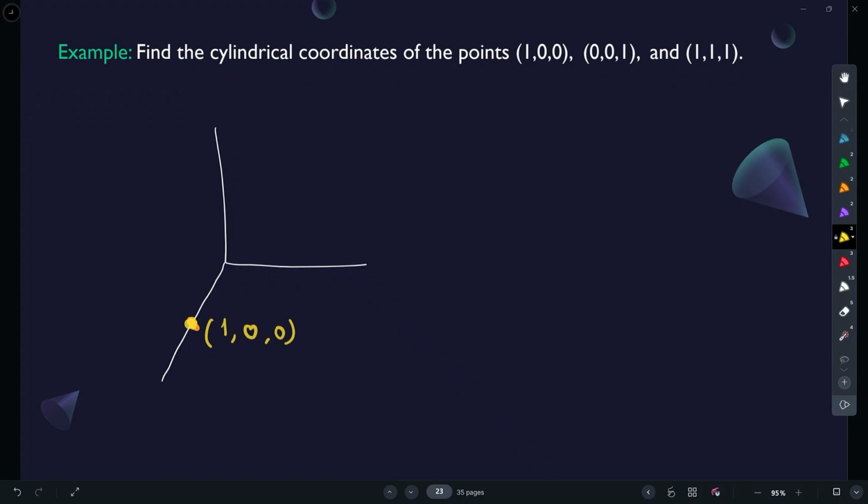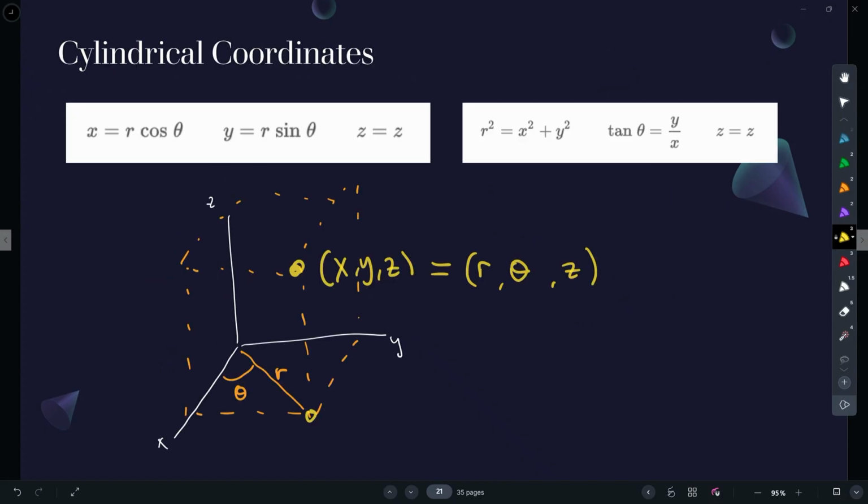All right, 0, 0, 1, it's up here. That one will have 0 radius. By the way, when I have 0 radius, the angle itself is not well defined, because if you go back to the formulas that I have here, these formulas only work when the x coordinate is non-zero.